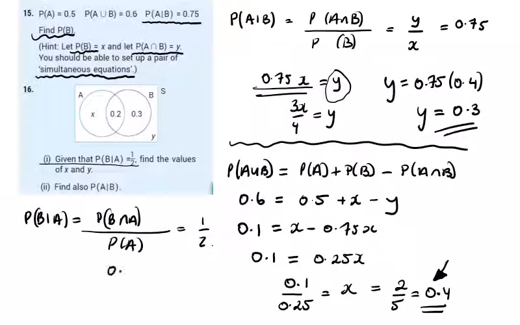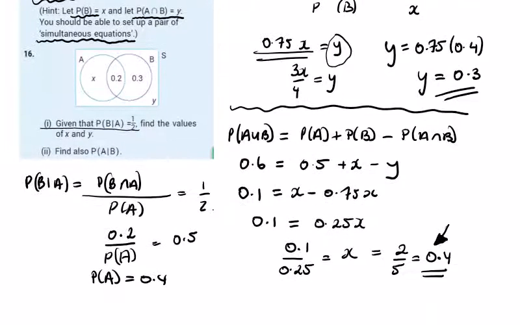So we have the intersection 0.2 divided by the probability of A is equal to 0.5. I'll change them to the same units, decimals or fractions. So 0.2 divided by 0.4, so the probability of A is 0.4, which would leave X to be 0.2. That's easy enough to get X.